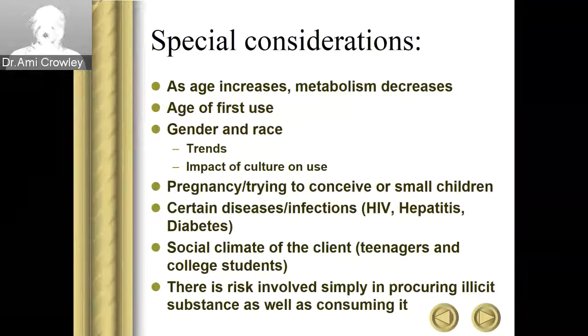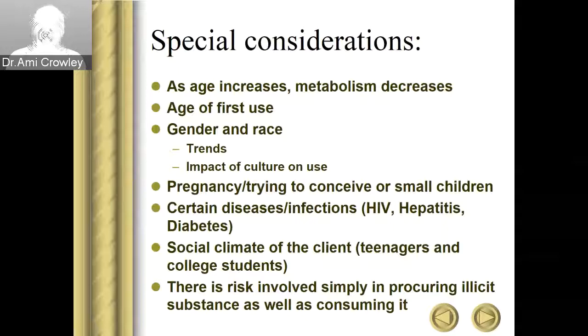Some special considerations are that as age increases, metabolism decreases. So when someone's able to consume a certain amount at a younger age, they're not going to be able to consume the same amount at an older age. It is important to consider the age of first use, and this has to do with the brain's development and the introduction of chemicals and how they hinder the development of emotions, cognitive functioning.